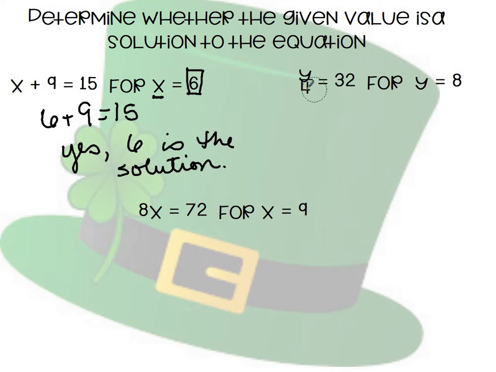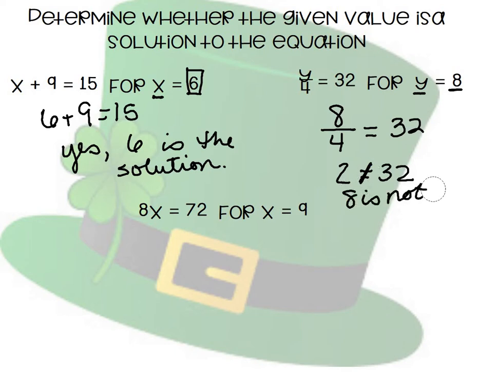Here we have y divided by 4 equals 32 for y equals 8. Anywhere I see y, I have to substitute in 8. So instead of y divided by 4, I have 8 divided by 4 equaling 32. Well, 8 divided by 4 is actually 2, and 2 does not equal 32. So 8 is not a solution.